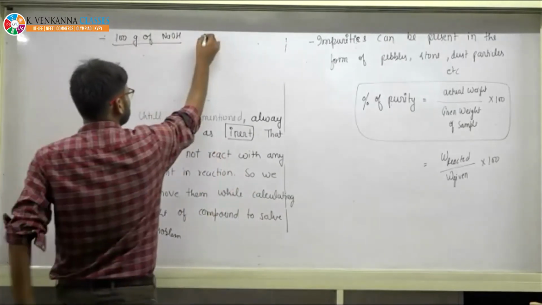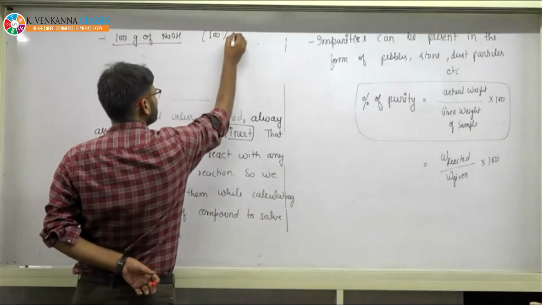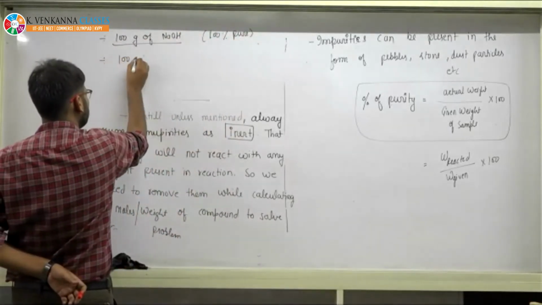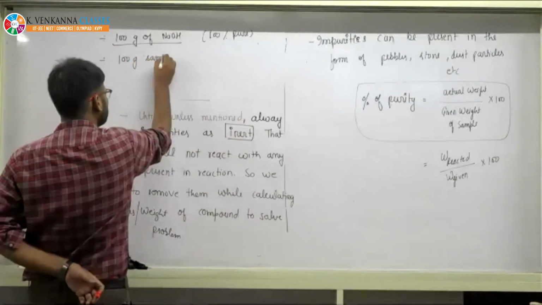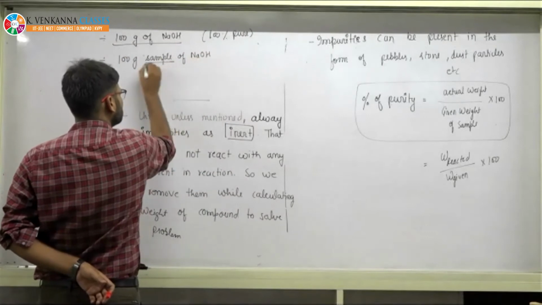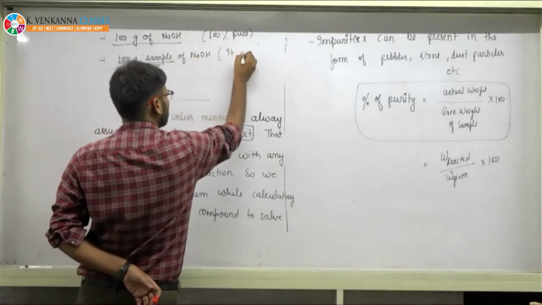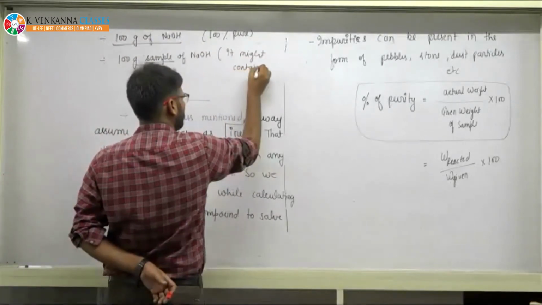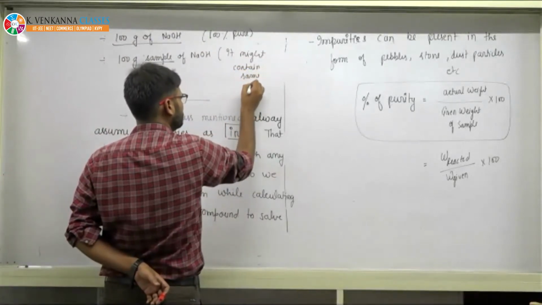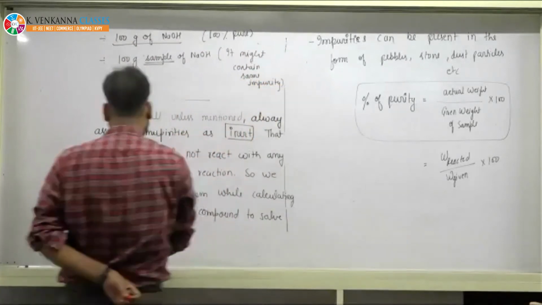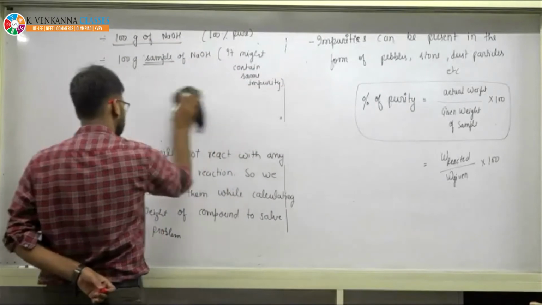So you need to understand the language. And if it says 100 gram sample of NaOH, the sample might contain some impurity. I will give you some problems, and through them you will be able to understand this concept very easily.